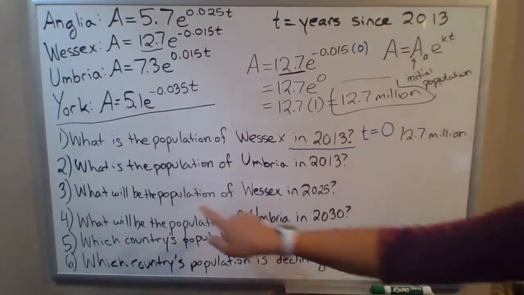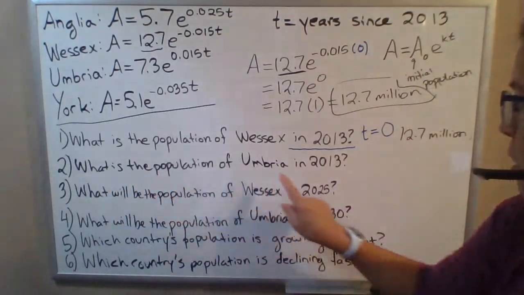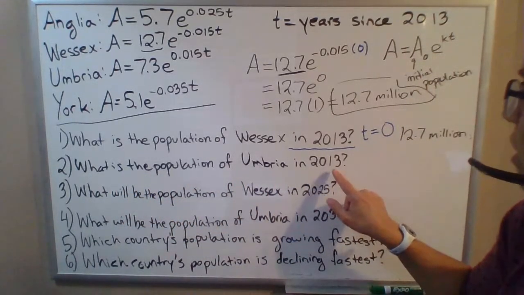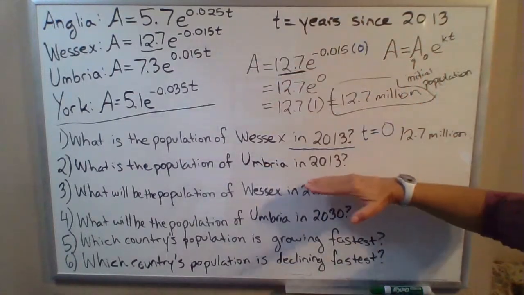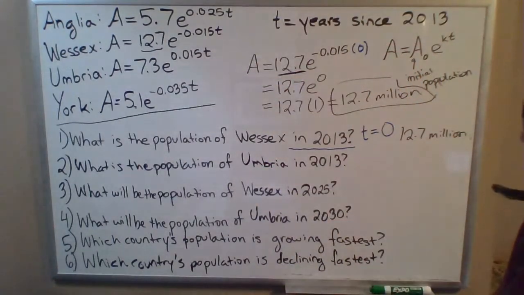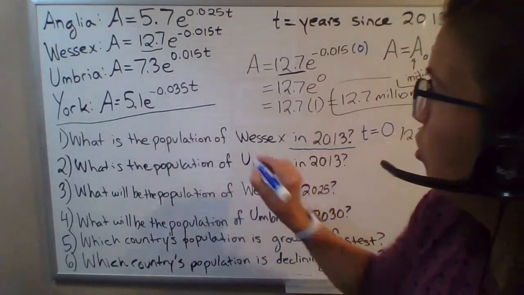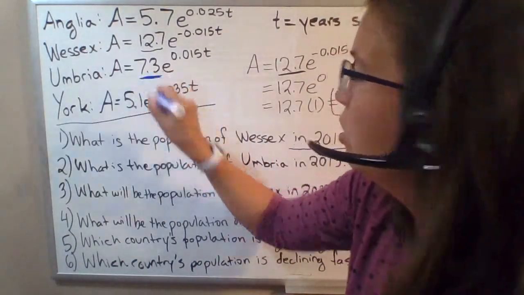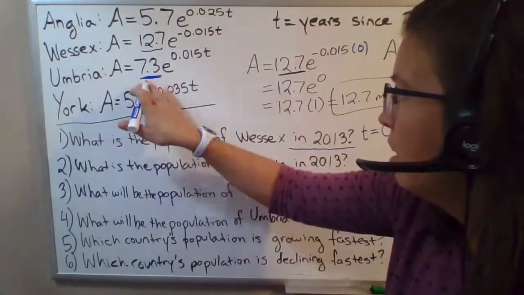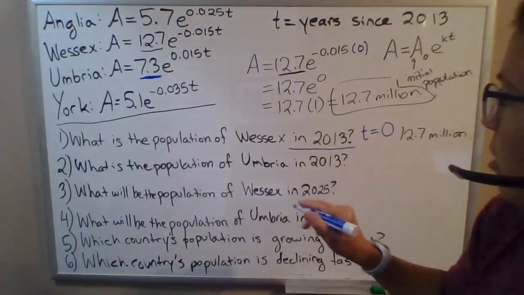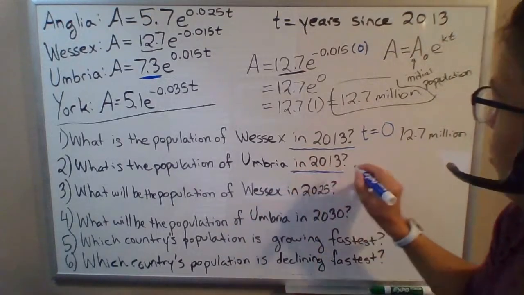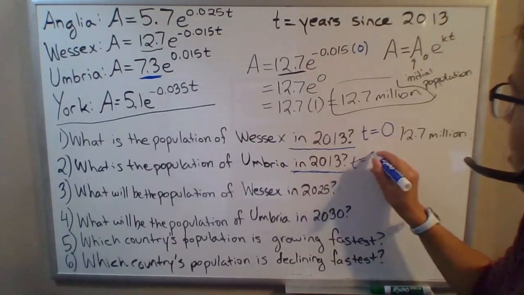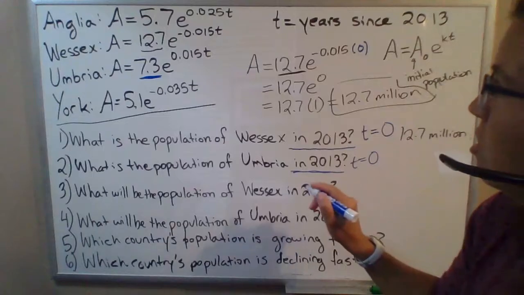And we could do the same kind of thing with this second question. What's the population of Umbria in 2013? So again, we're talking about when these models start. They're the starting point. And so we're asked for the starting population. So we could just look at the equation and identify 7.3. If we wanted to work it out the same way we did the last one, we would say, okay, 2013, so that's 0 years since 2013.